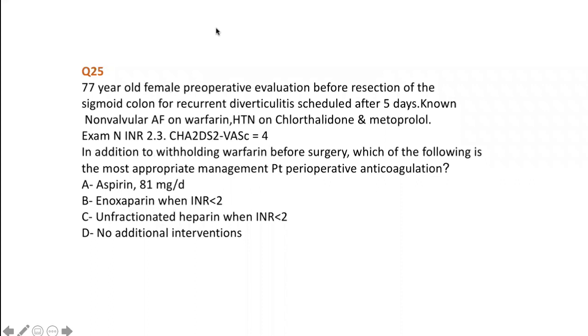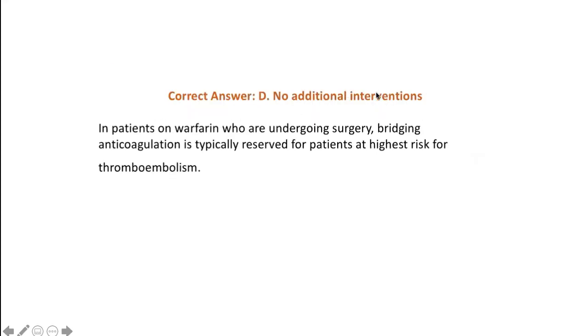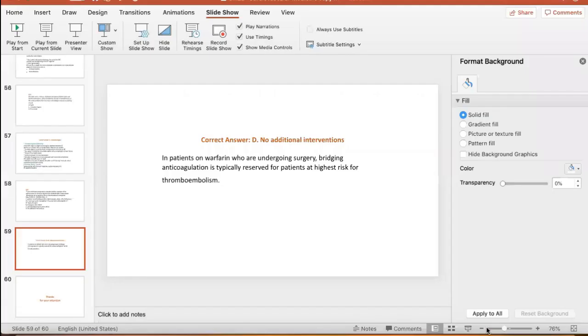Yeah, no additional intervention. We only do bridging. We do bridging, meaning we stop warfarin and put them on heparin, only for the highest risk of thromboembolism, like atrial fibrillation with mitral stenosis, that's a higher risk.